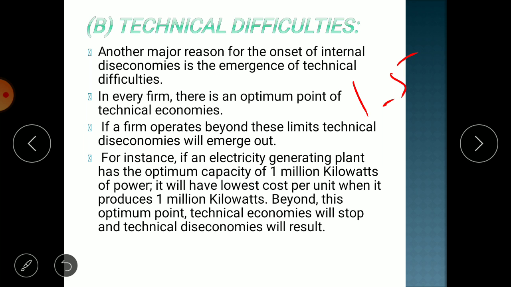So is the case with machinery, they have a capacity. If you work within the capacity they will work well, their life will be intact, as long as their life is, they will run that long, there will be less depreciation, and less repair will be required. But if you overuse it, then the life of the machinery will reduce. If the life of the machinery reduces, then the depreciation will increase.